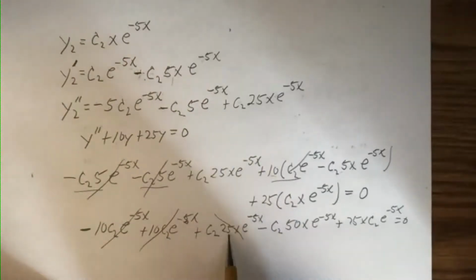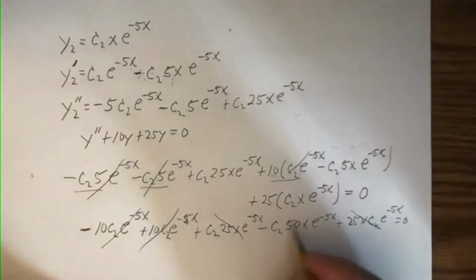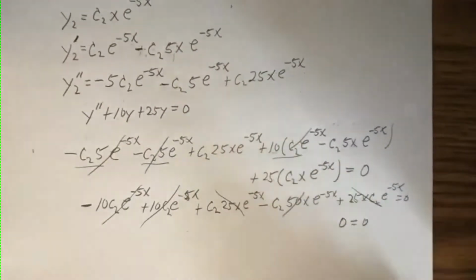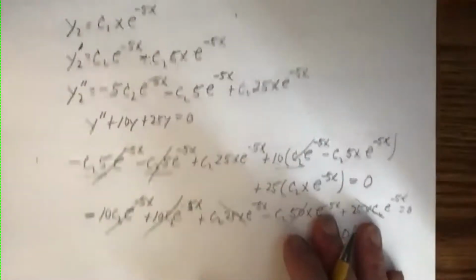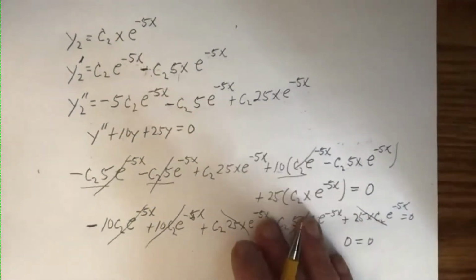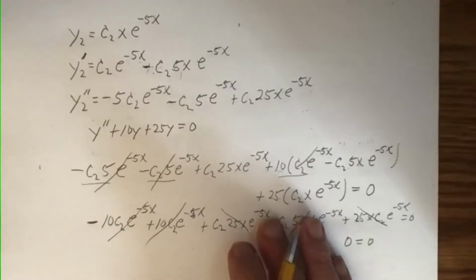Here I got 25, and this is a 50. So I get 0 is equal to 0. All right. I'm just showing you, you don't need to do this every time you do a problem. All you need to do when you do a problem is just multiply by x, right? Okay, so where are we?